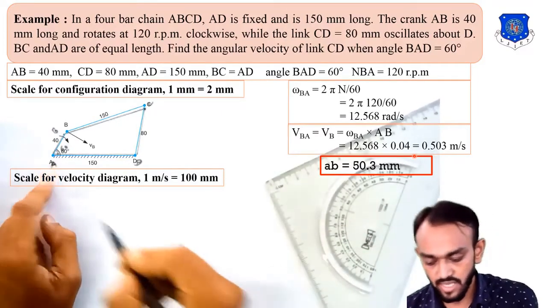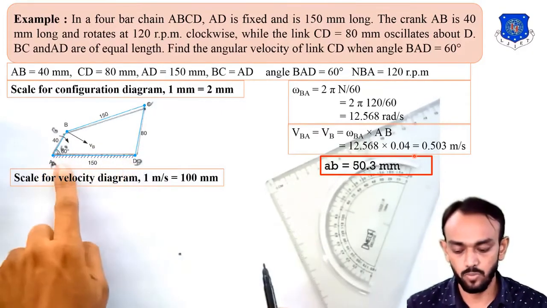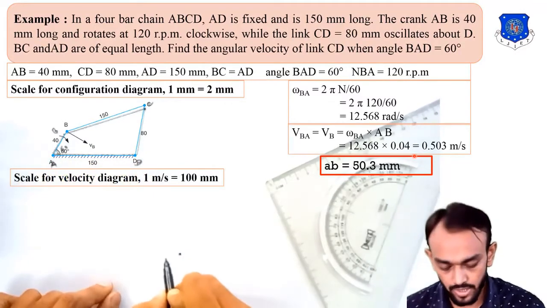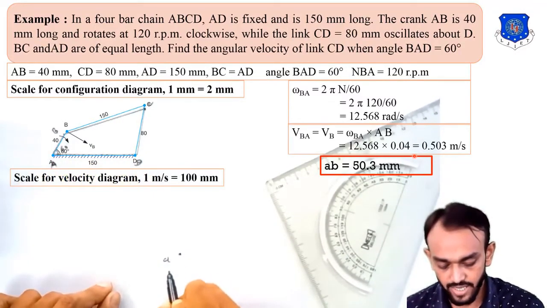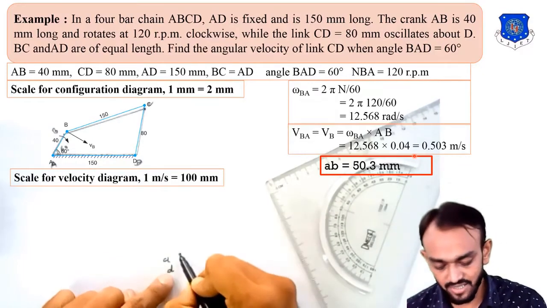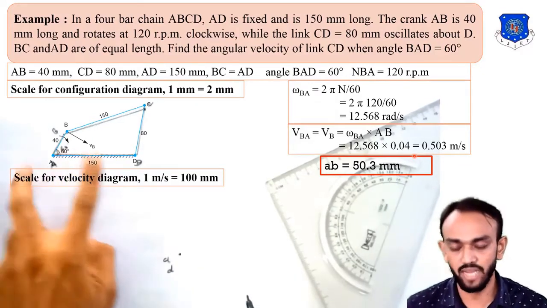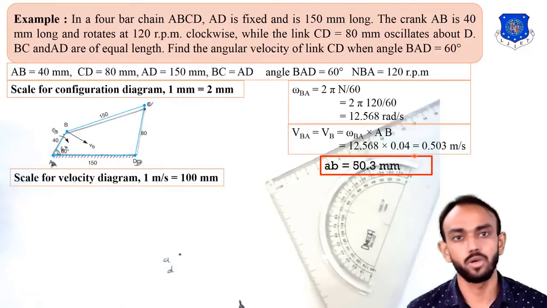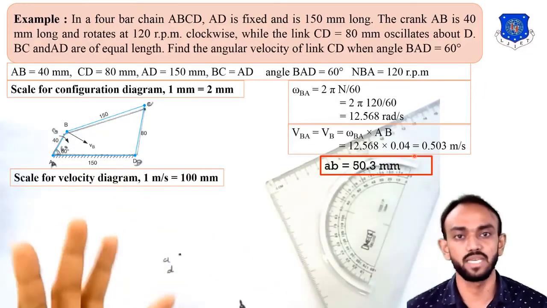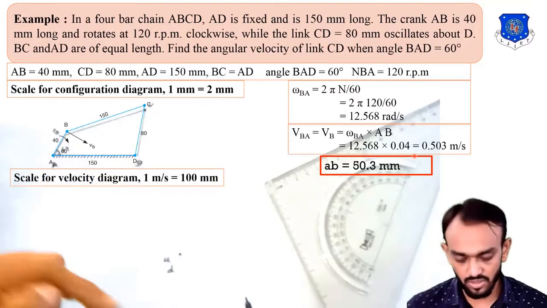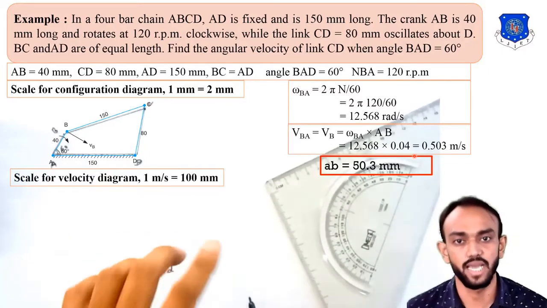You can see here A and D, both these points are fixed. So small a and small d, these 2 points will be at the same origin point because both points have velocity 0. All the links or elements which have 0 velocity will be on the same point in a velocity diagram.